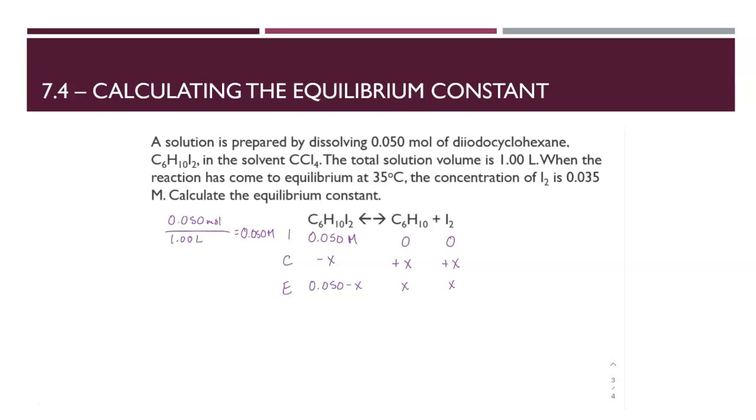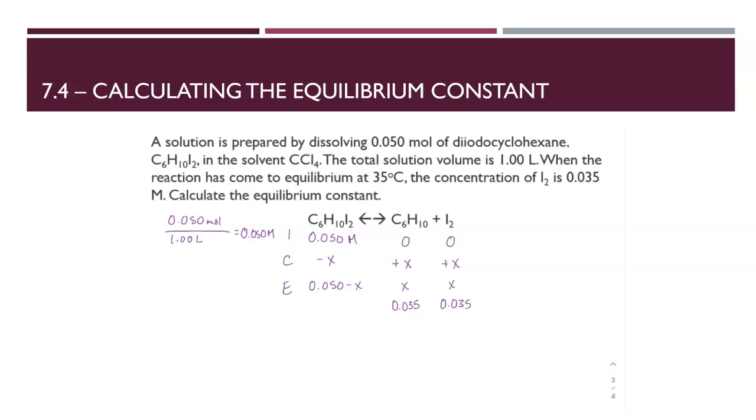Now it tells us in the question that the concentration of I2 at equilibrium is 0.035. So that tells us our value of X, so 0.035.